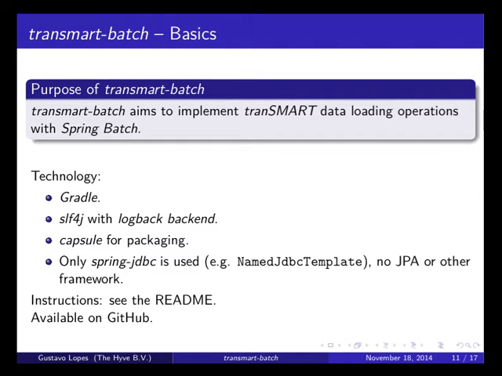So why are we not using an object relational mapping framework? Because it's more trouble than it's worth. The only occasion where I really missed it was when updating patients. But for everything else, it adds complexity with no value.